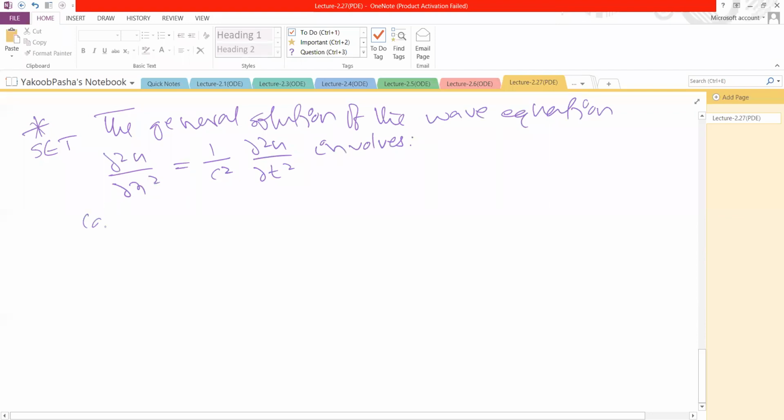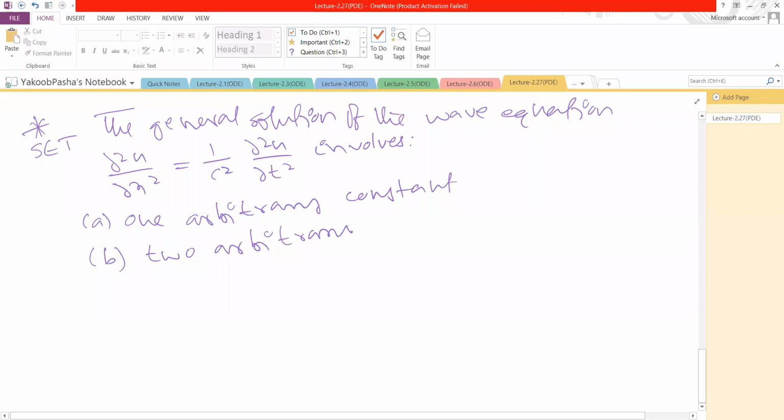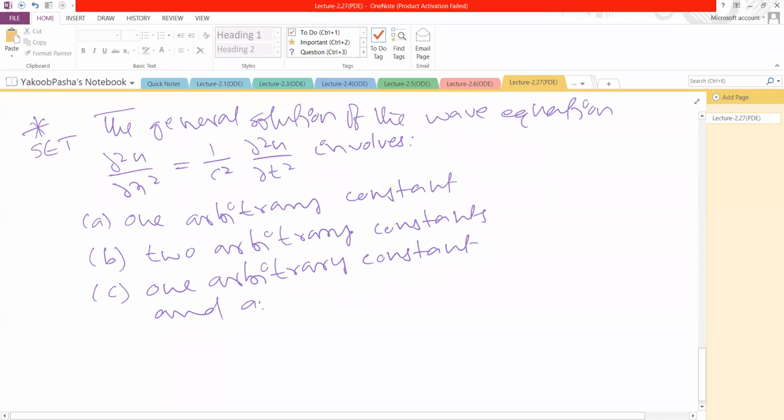Option A, one arbitrary constant, and option B, two arbitrary constants, and option C, one arbitrary constant and an arbitrary function, and D option is two arbitrary functions.